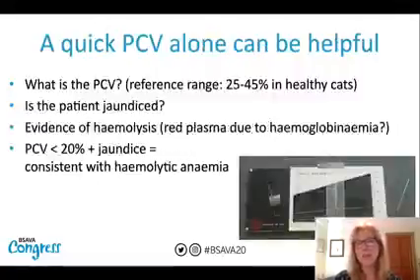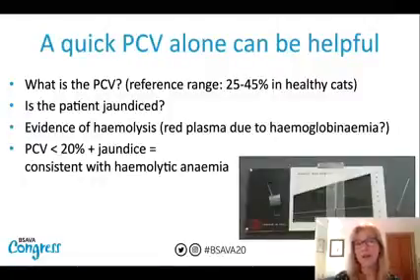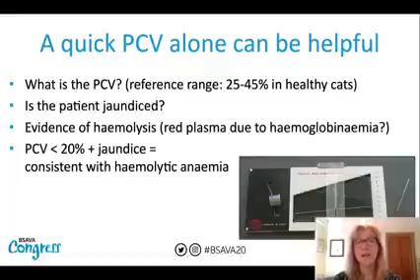A quick PCV on its own is also very helpful in quantifying an anemia and, firstly, determining whether or not our patient does look to be anemic. But we can also look at the plasma when we spin our microhematocrit tube down, and if the plasma is jaundiced and the cat has a severe anemia, PCV less than 20%, then that would be consistent with the possibility of a hemolytic anemia.